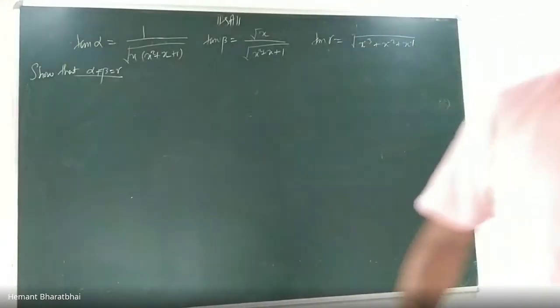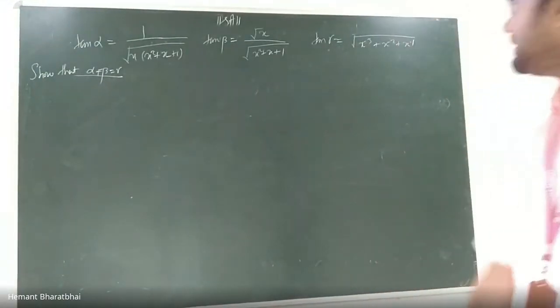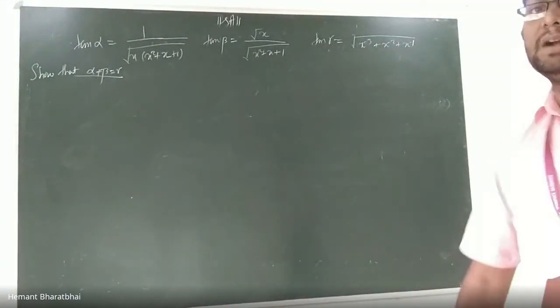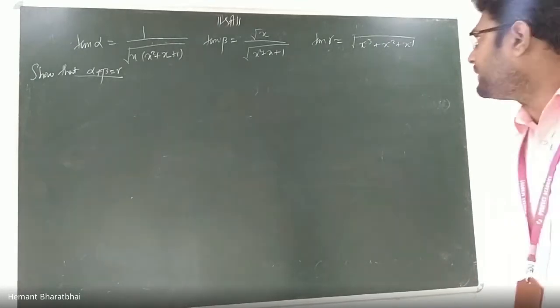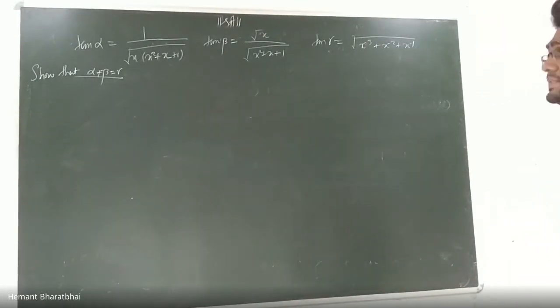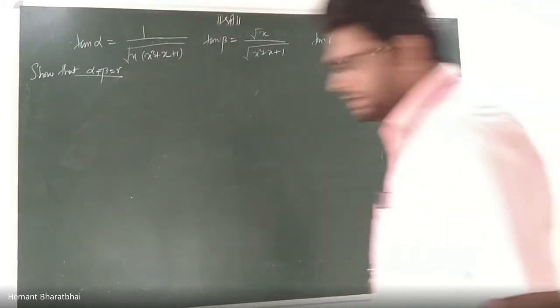He's asking me to prove that alpha plus beta is equal to gamma. If the values of tan alpha, tan beta and tan gamma are given, I need to find the values of alpha, beta and gamma. So how to prove it?